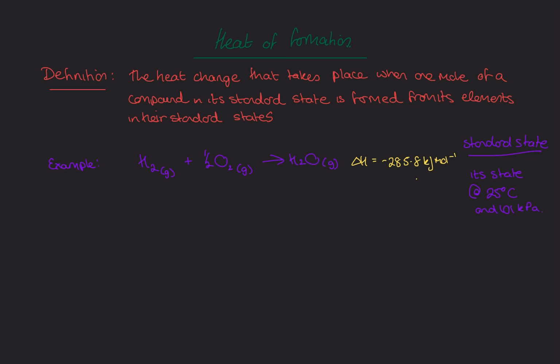You'll often see energy profile diagrams where the energy is here and the progression of the reaction is down here. We can see there is a difference in heat for the reactants versus the products. Here we've lost energy, which means it's an exothermic reaction.